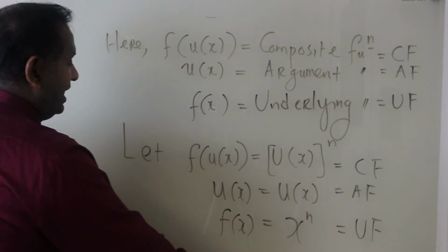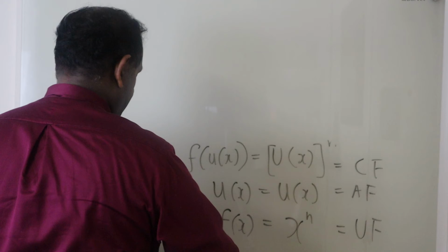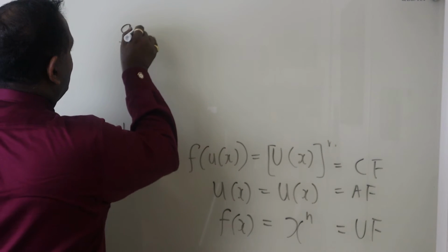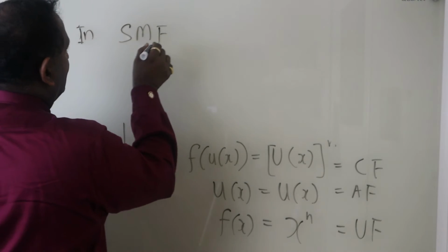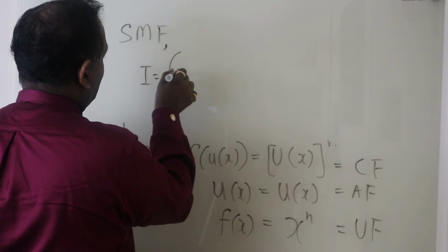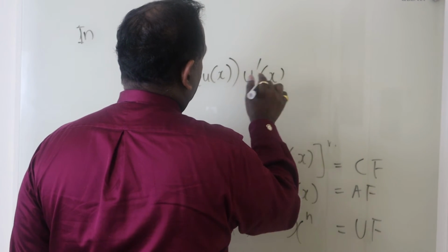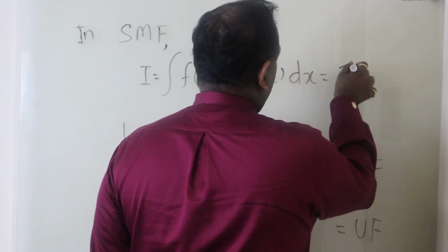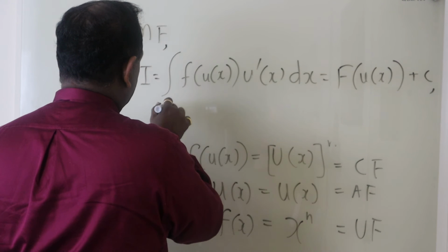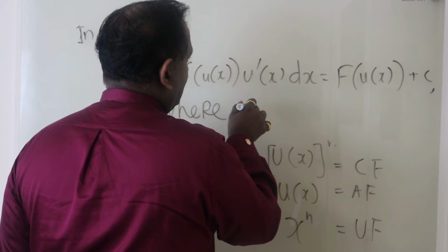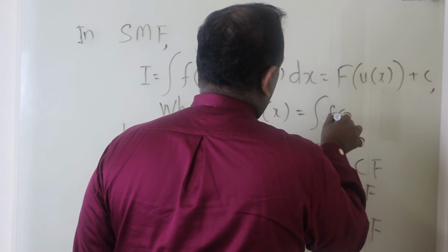So if you're going to put this back into the most general revised substitution method formula, in the substitution method formula we have integral f of ux u prime x dx equals F of ux plus c, where F of x is nothing but integral f of x dx.